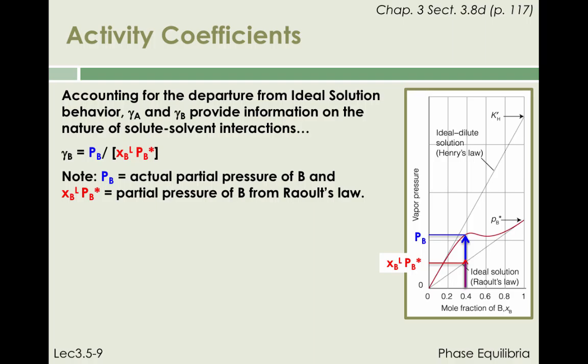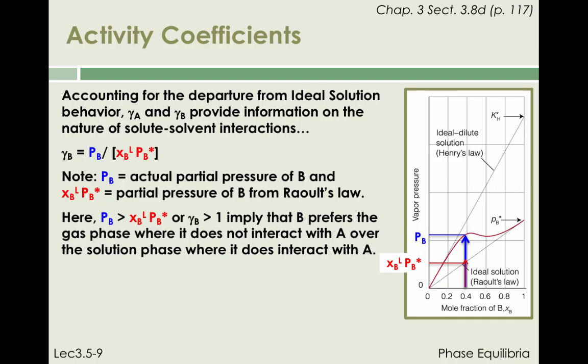On the graph of vapor pressure of B versus mole fraction of B in solution, we have represented the magnitude of P_B with the blue arrow and the magnitude of X_B^L P_B star with the red arrow. For the vapor pressure diagram chosen here, the blue arrow is greater than the red arrow, and we say that we have a positive deviation from Raoult's law. This implies that gamma_B is greater than 1.